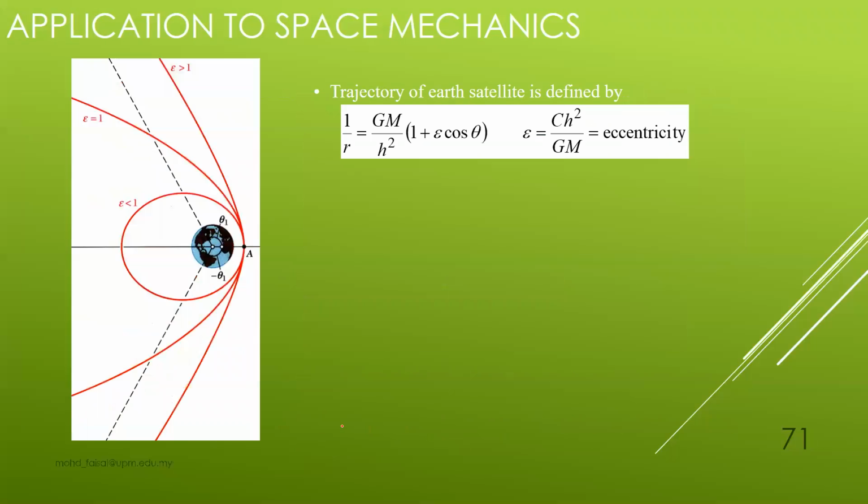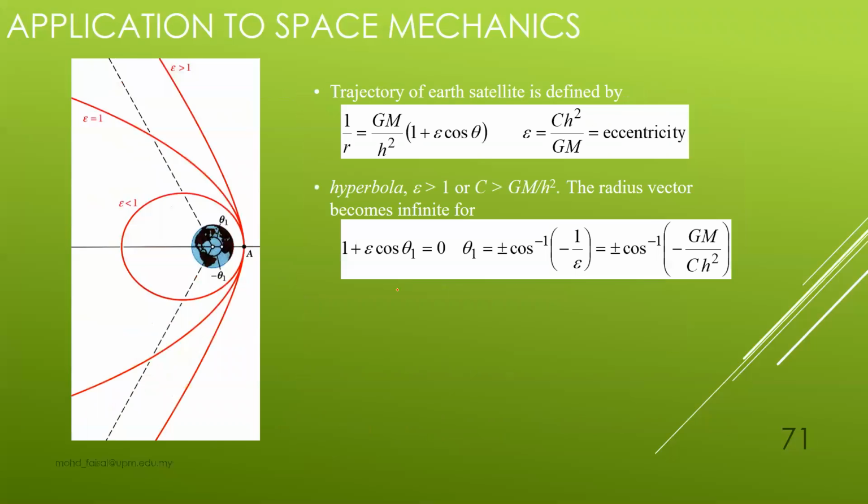Now, the trajectory of an Earth satellite is defined by, okay, the general one. For the hyperbola, if the eccentricity value is larger than 1, the radius vector becomes infinite.